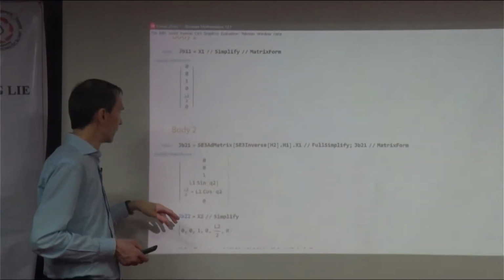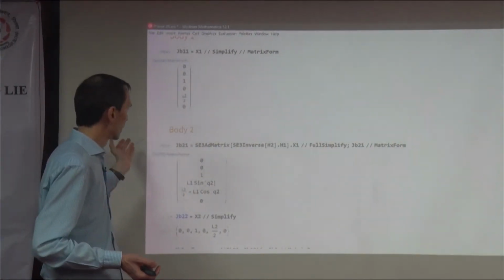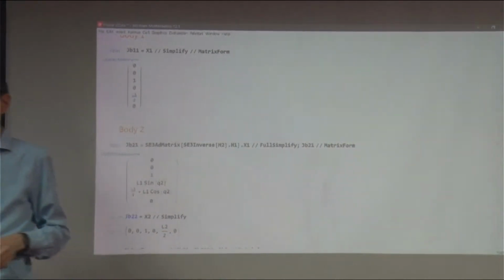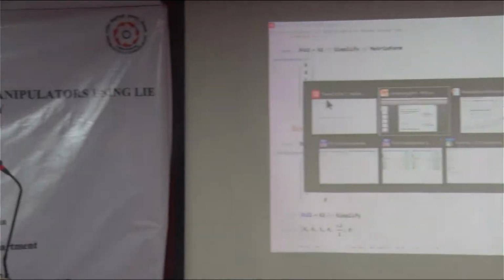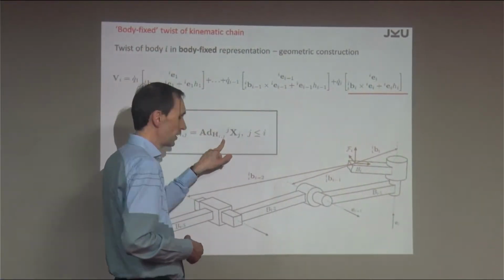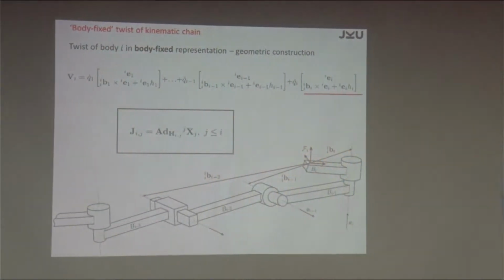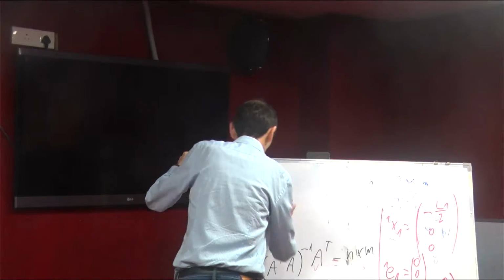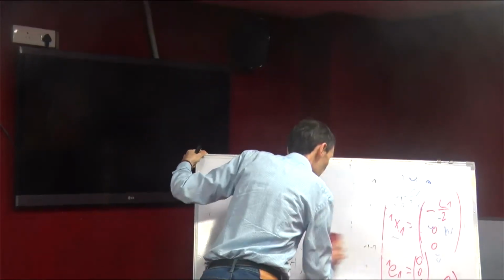This is what we had here. You just read it off, the formula. What you have to do is take H_ij. Now, in our case, H_ij is what? We're talking about body 2 and joint 1.